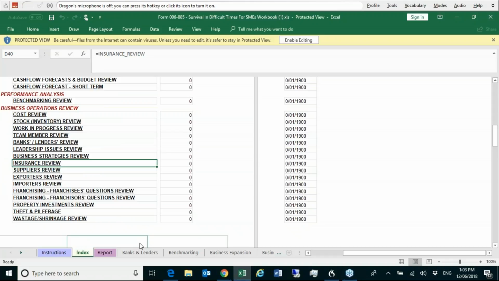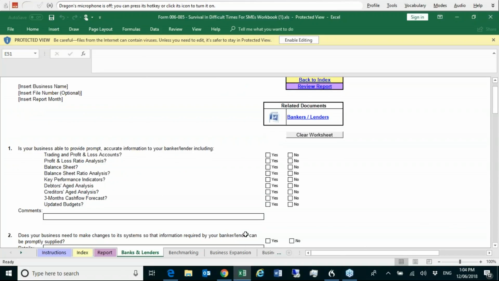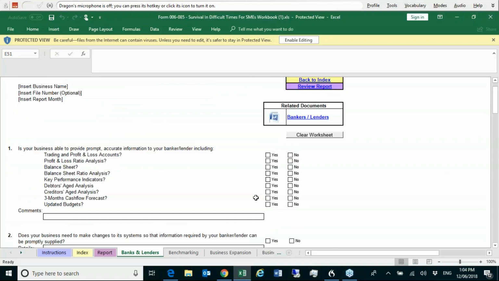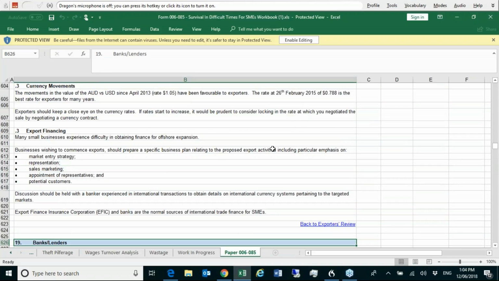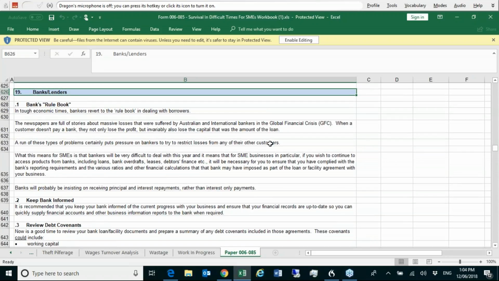You could send this as a link to your client and ask them to start answering the questions. I'll click on to banks and lenders. There's some questions there. But then we've got this related documents. So if you click on that, it is taking you to an article in a separate process that we produced, where there's a bit more information.